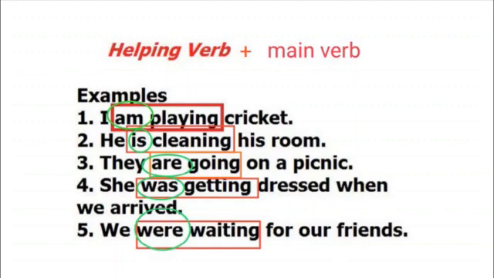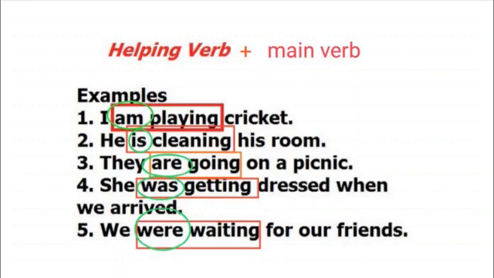Now here are some examples of helping verbs. Now here in the picture, can you see it is written helping verbs plus the main verb. So here, when you look at these 5 examples, you can see that I have already drawn a box on 2 words in each sentence.